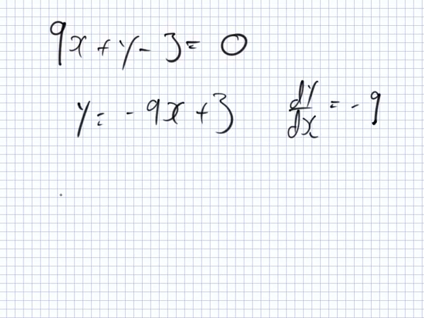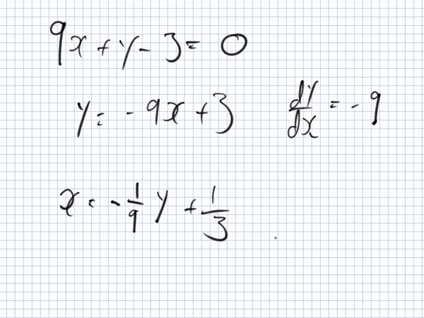So here you would get x equals minus 1 over 9 y plus 1 over 3. If you rearrange your first equation, you can get that.